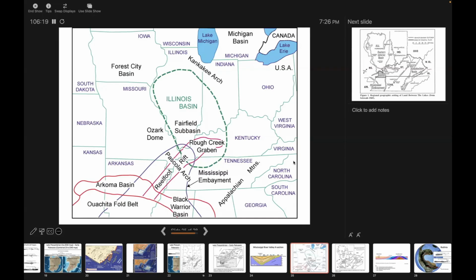Now, we have one of those naturally uplifted arches, like the Pascola Arch, across the top of the Mississippi River Valley, going from northern Arkansas through southern Missouri over into Tennessee. There's other arches, but these are basically areas of uplift. Then we have basins. Oh, go ahead, Ken.